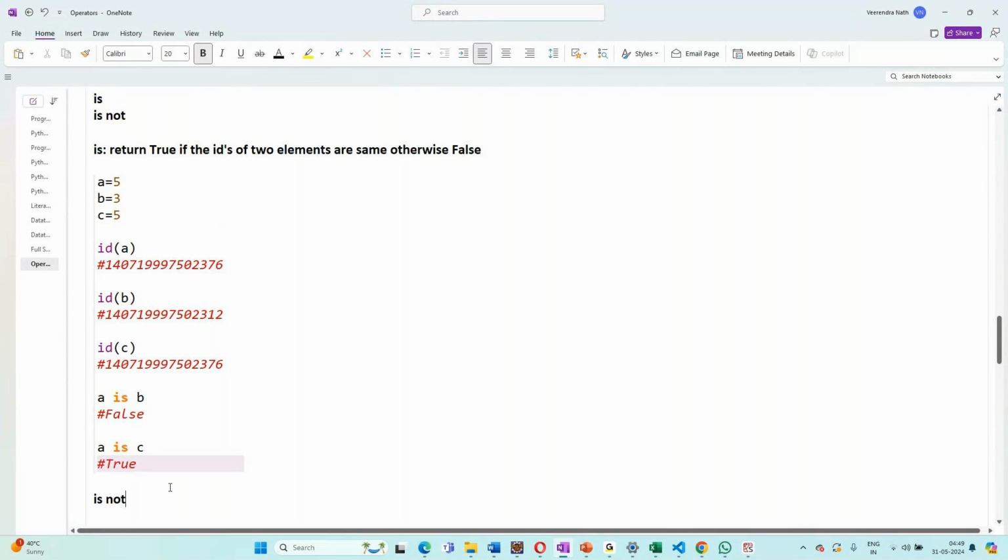The next important thing is using these operators: conditional statements, the if logics.